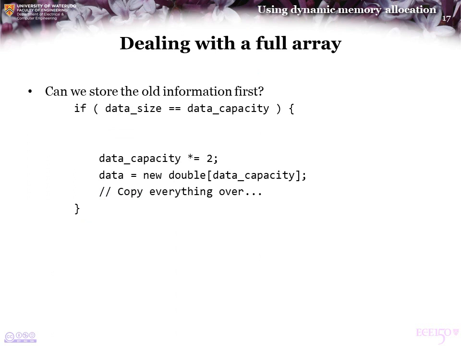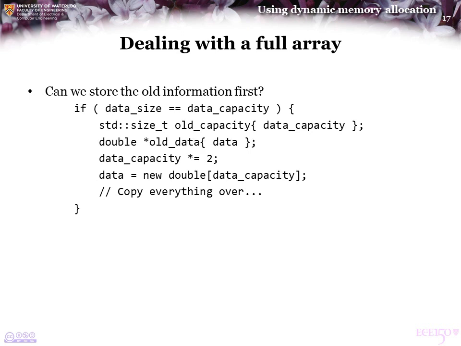So the question is, can we store the old information first? Well, of course we can. This just requires a few local variables. So we can declare another local variable, old capacity, and that is initialized with the current capacity of the array, and we'll have another pointer to a double, old data, and that is initialized with the address that data currently has.